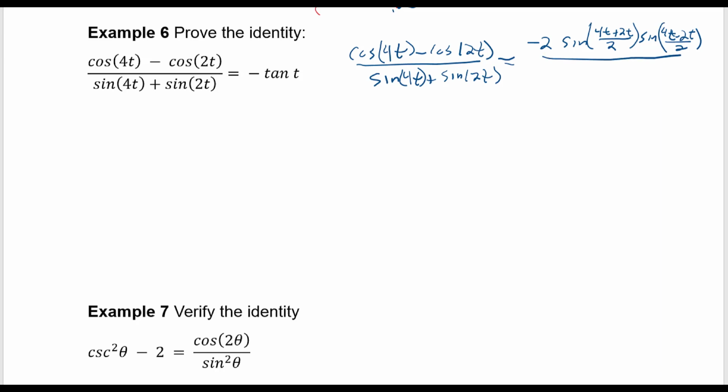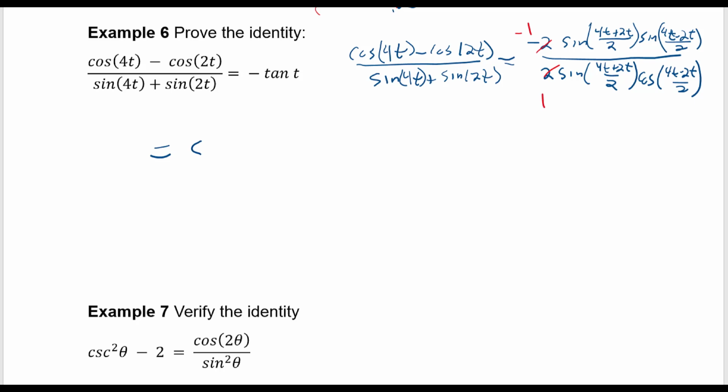Then we have sine of the sum, the one I accidentally started doing earlier. That's going to be 2 times sine of their sum, 4t plus 2t over 2, then cosine of their difference, 4t minus 2t over 2. So we end up with the negative 2 and the 2 reducing out to make a negative 1.